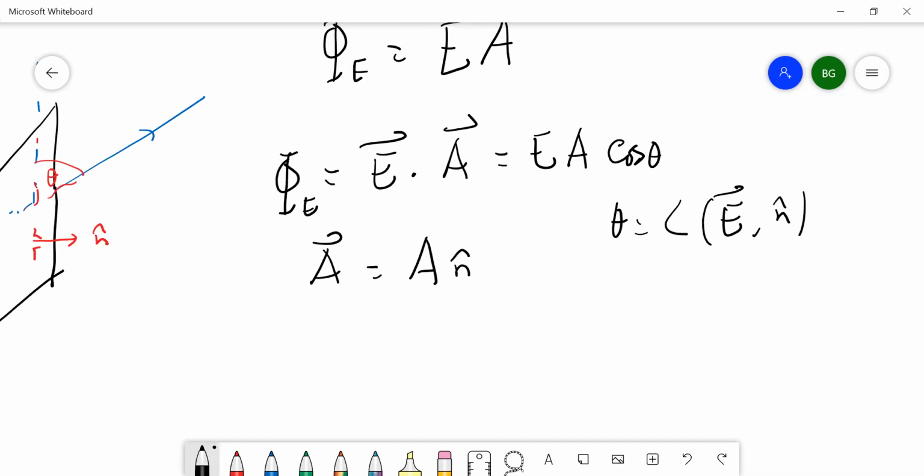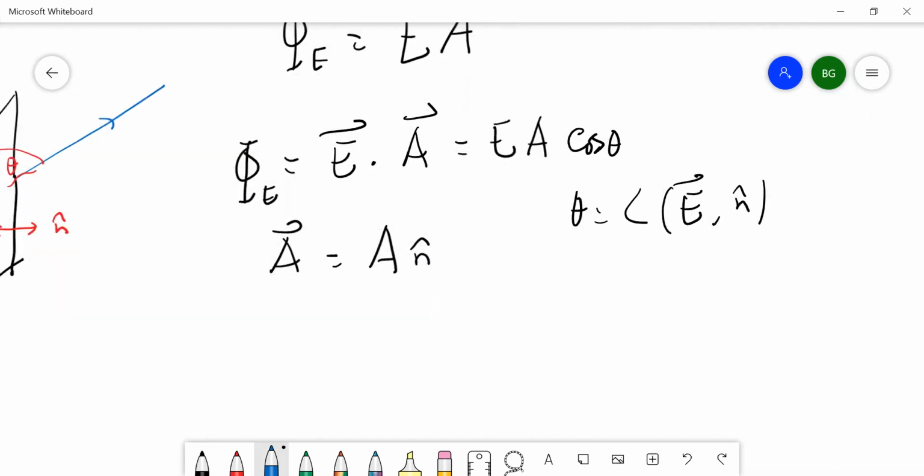We still assume that the magnitude of the vector E is constant.